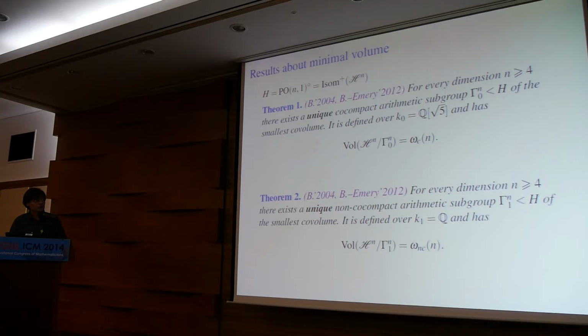Later, when I was working in Durham, Vincent Emery was starting his PhD, and he approached me with a question of doing the same for odd dimensions. So my paper of 2004 refers to the situation when the dimension is even, when in particular the Euler characteristic is non-zero.